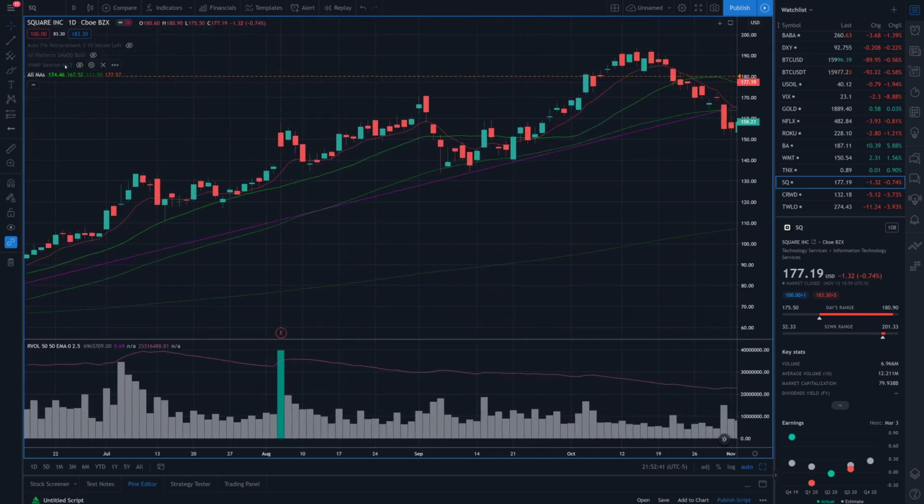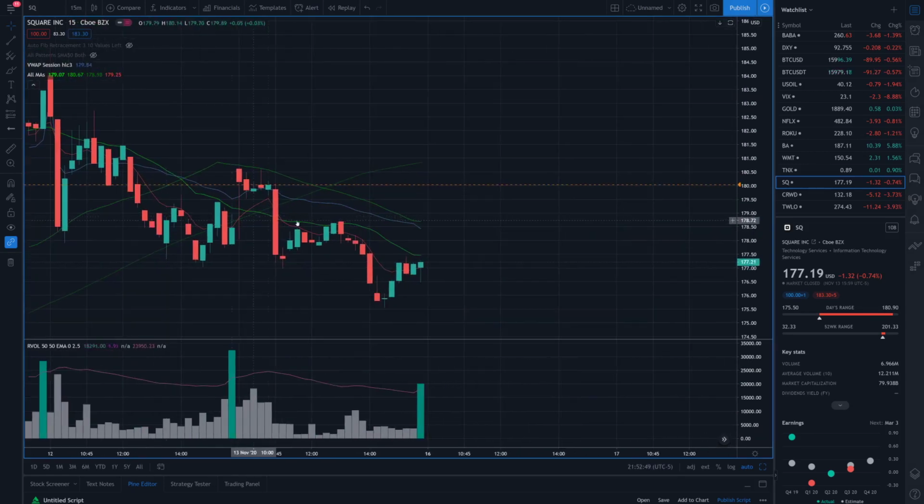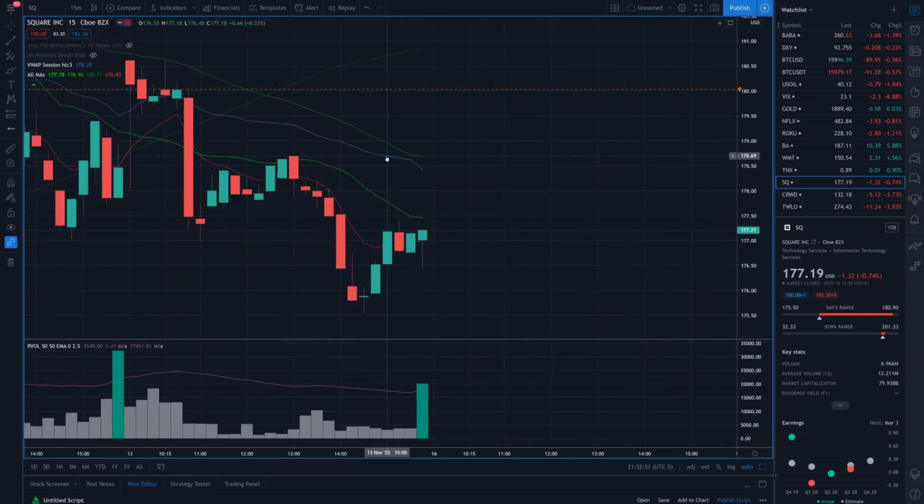And then finally, I want to cover VWAP. And so VWAP is this blue line here. What VWAP is, is the volume weighted average price of a stock. That's a financial term for the ratio of the value traded compared to the volume over a certain period of time.